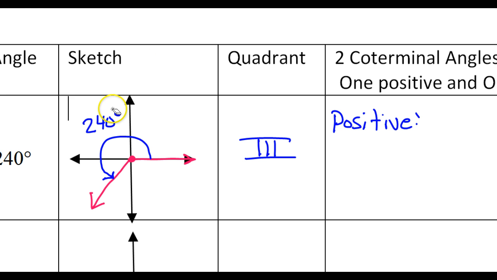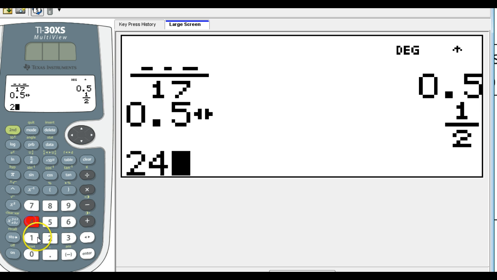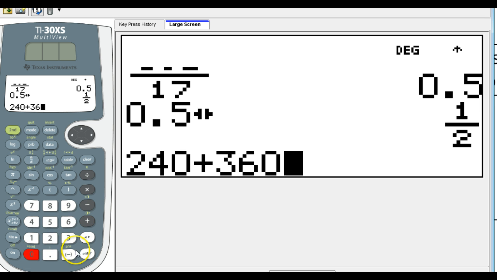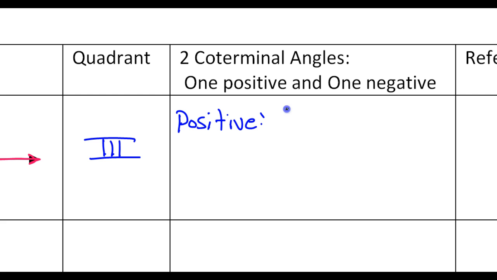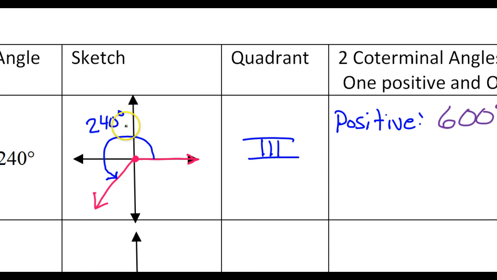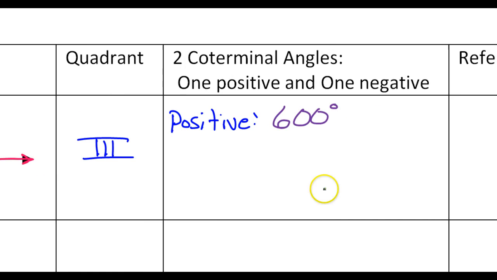Alright, so I can just do 240 plus 360. Okay, so 600 will be a positive coterminal angle. I could have added any multiple of 360, so you could have any number of different correct answers.